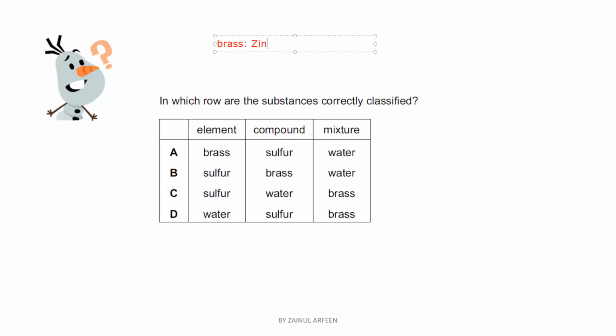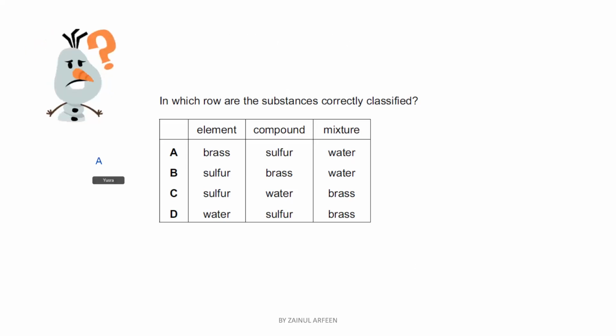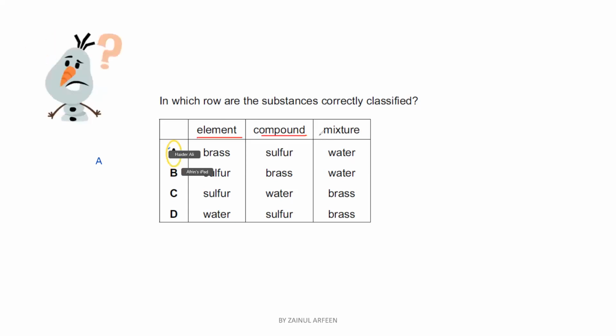So what could be the right answer? Compound is one in which there is a chemical combination. Brass is in the columns. Which column is correct? You have element, you have compound, and you have mixture.